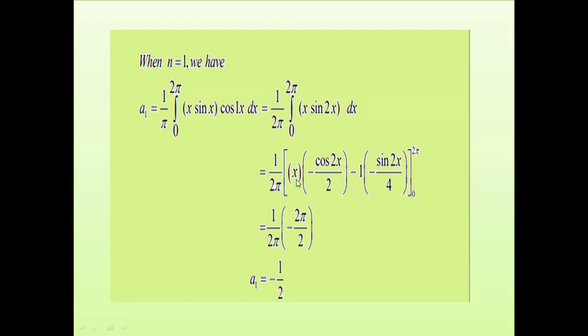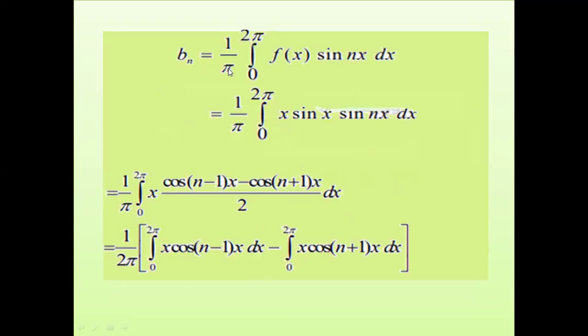Then x you keep as it is, sin 2x you integrate to minus cos 2x by 2, and u dash, minus, already in Bernoulli's formula. So minus 1 cos, you have minus occurring here. Integrating cos 2x, you get sin 2x by 2 into 2, we get 4. Again apply upper limit minus lower limit. We are getting a1 is equal to minus 1 upon 2.